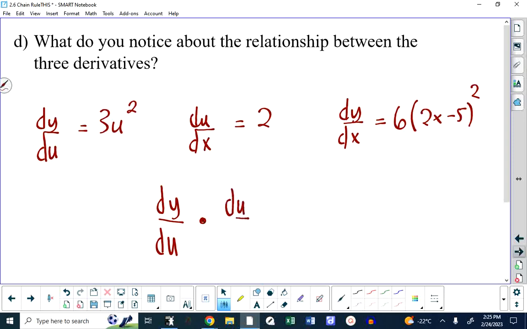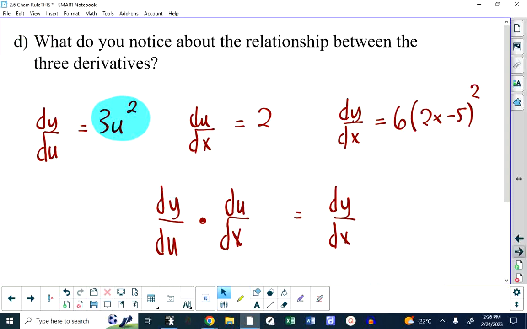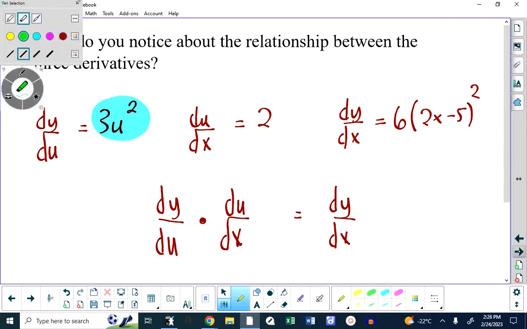That if you multiply dy du by du dx, you get dy dx. Okay? This derivative multiplied by this derivative gives you this derivative.